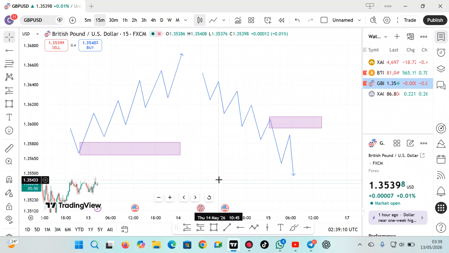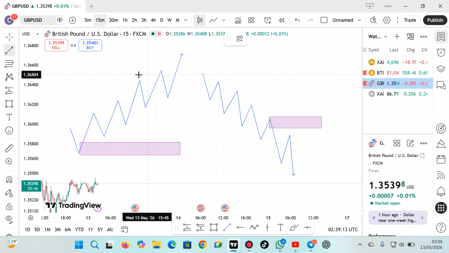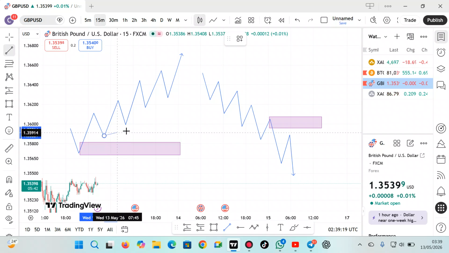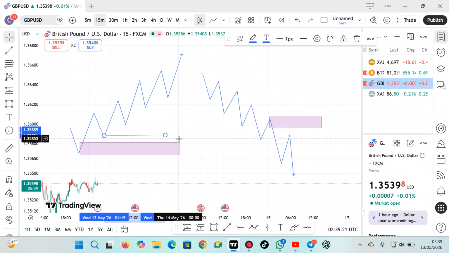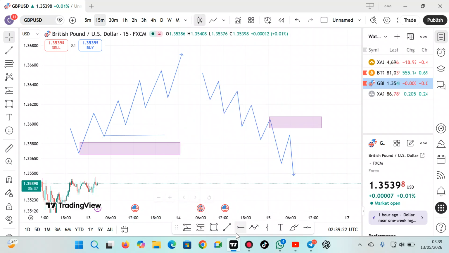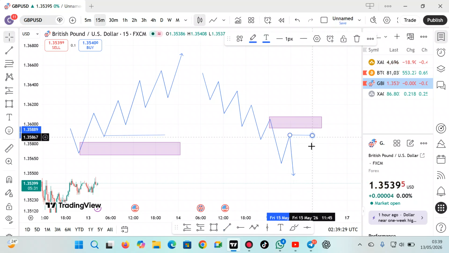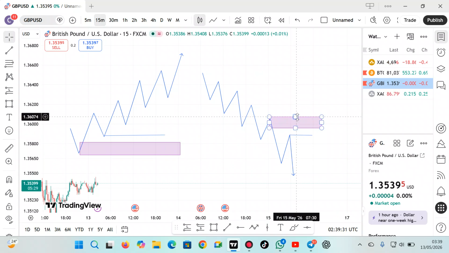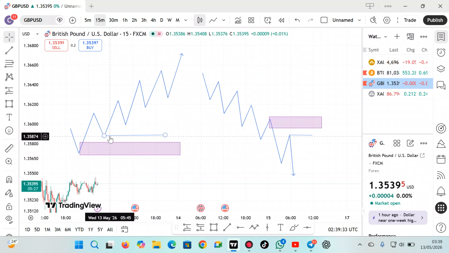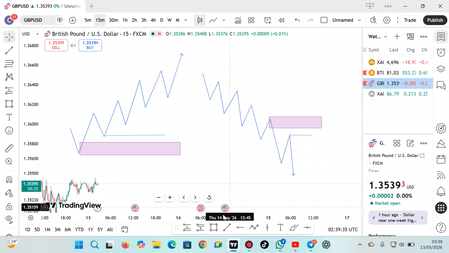And we said for you to determine the place of your OB, you need to make sure there is another OB protecting it, which will serve as a liquidity. So it's going to serve as a protection to this particular OB.